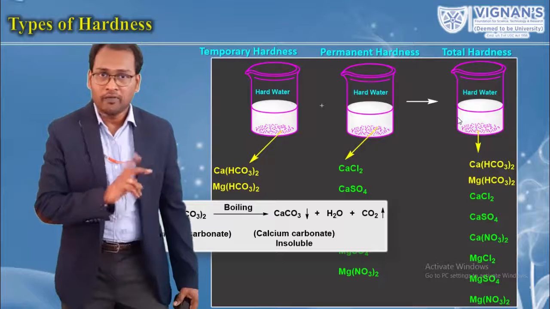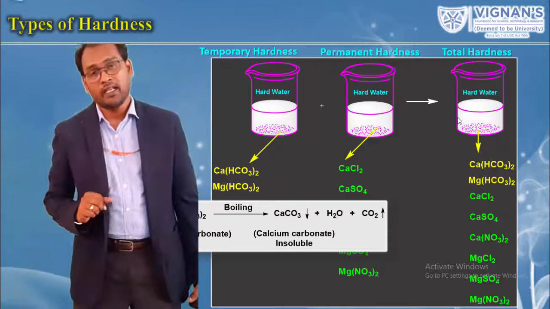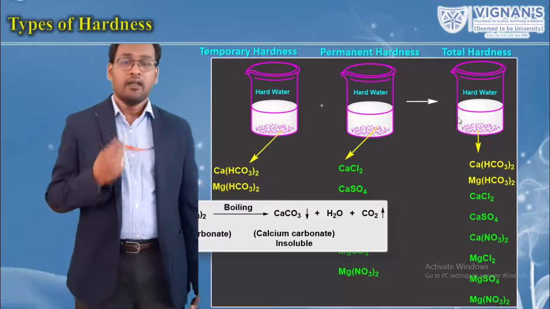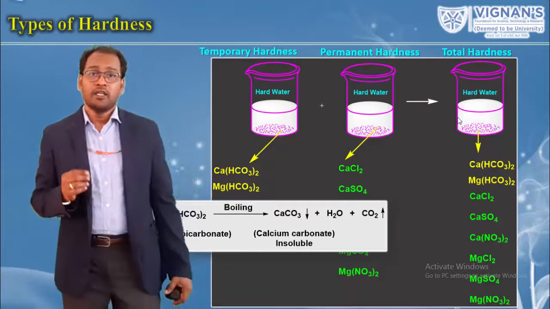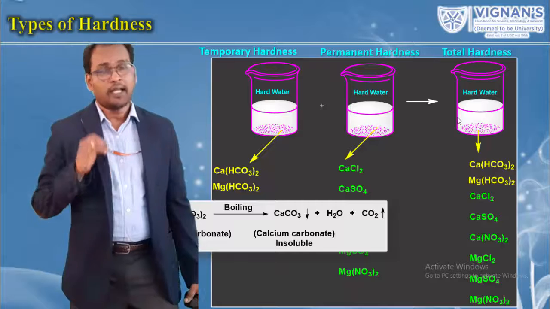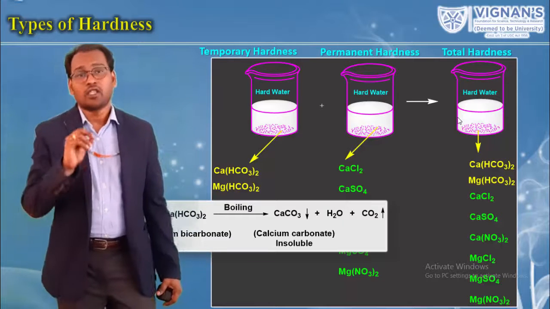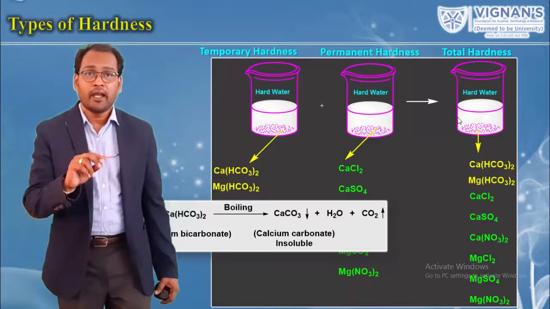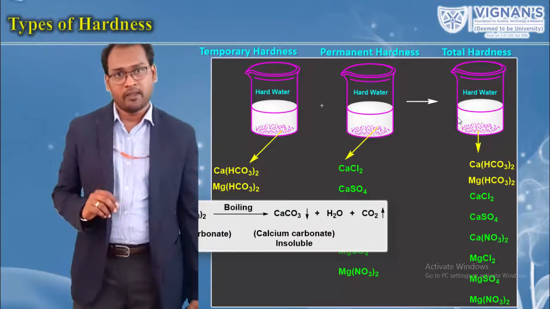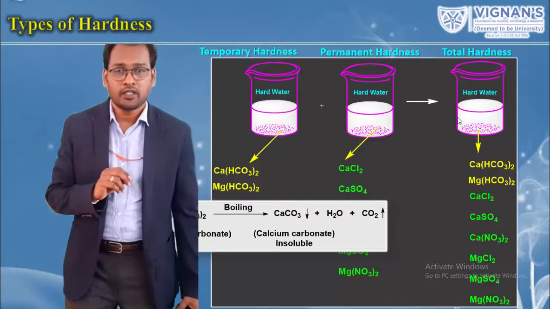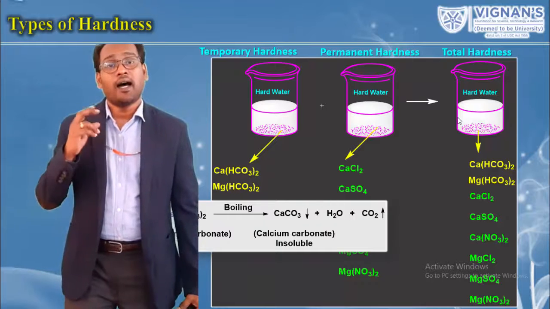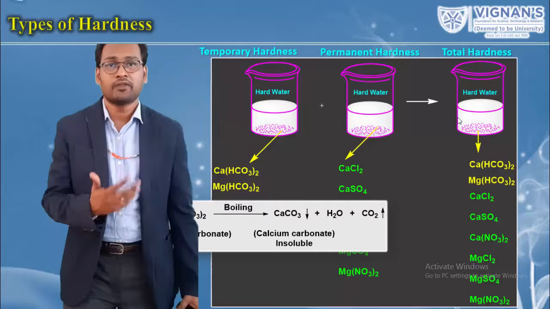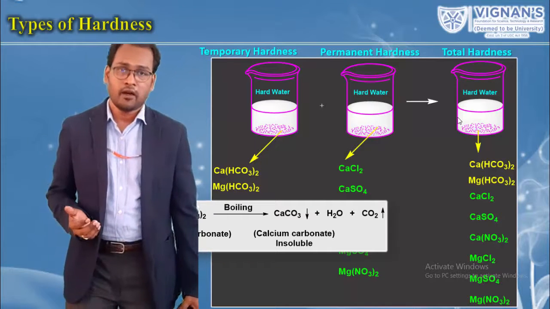The sum of temporary and permanent hardness we call total hardness. Once again, temporary hardness is also called carbonate hardness because the salts responsible are carbonates and bicarbonates. Permanent hardness causing salts are other than carbonates and bicarbonates, like chlorides, sulfates, nitrates, phosphates and silicates.